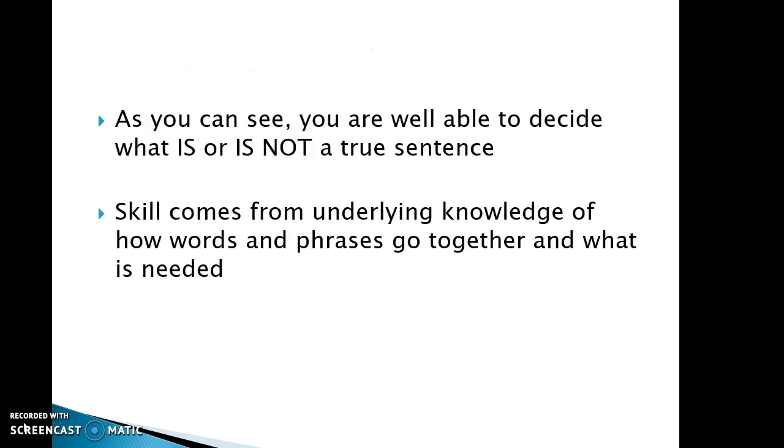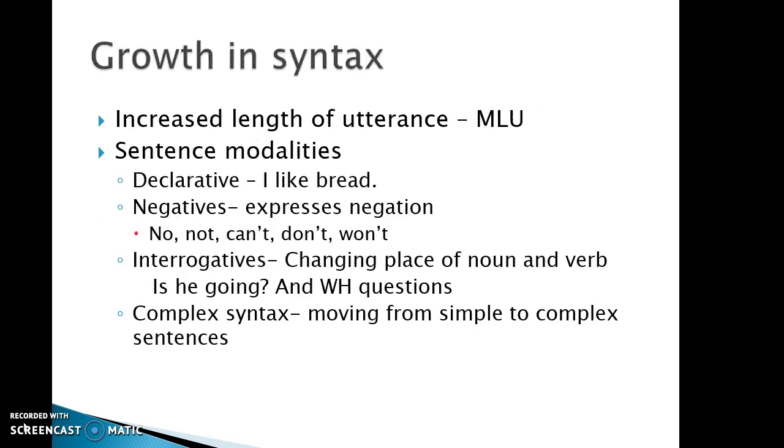From a conceptual standpoint, we can figure that out without really thinking that hard about it, because even without being able to parse or state why something is a sentence and something is not, you're intuitively able to do that as an adult language user. Those skills come from the underlying knowledge of how words and phrases go together and what is needed to feel comfortable that it's a true sentence.